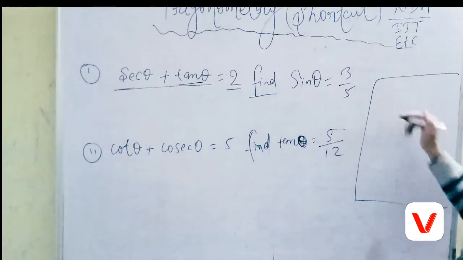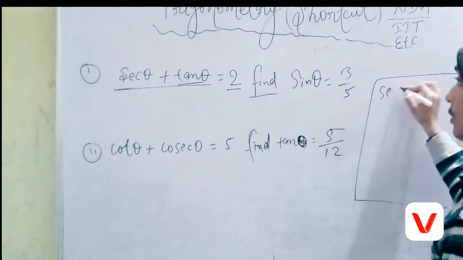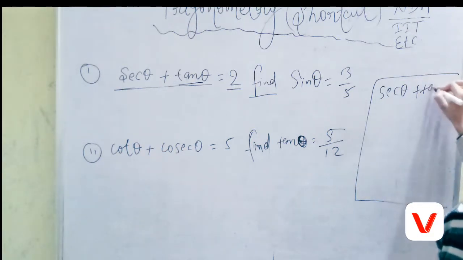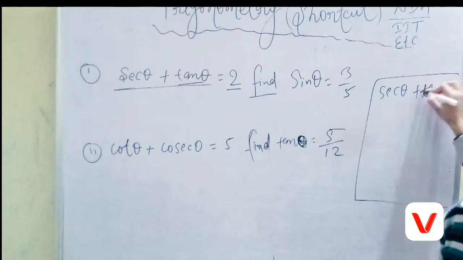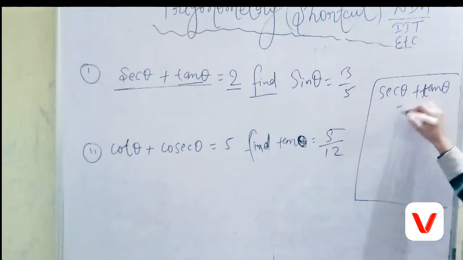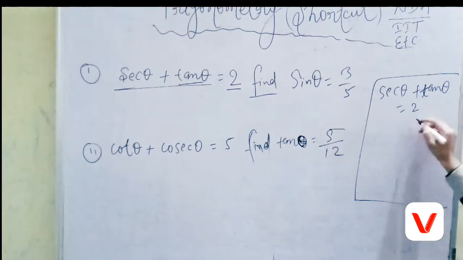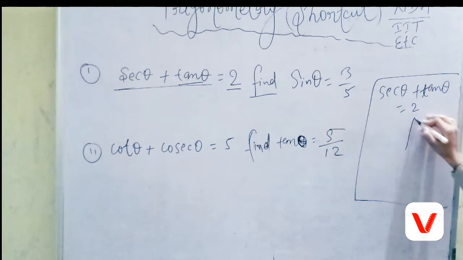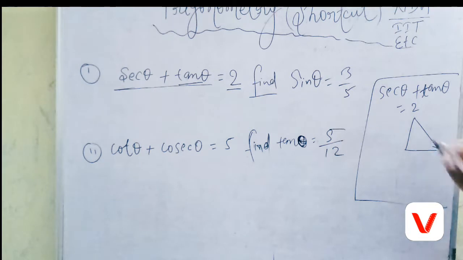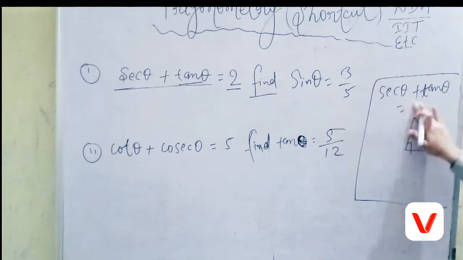If you have sec theta plus tan theta equal to 2, then we can make the trick from the Pythagoras theorem. If theta represents this angle, then the side, sorry, it is not 2, it is x.